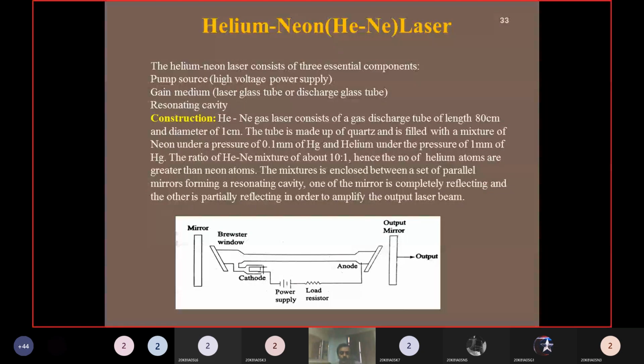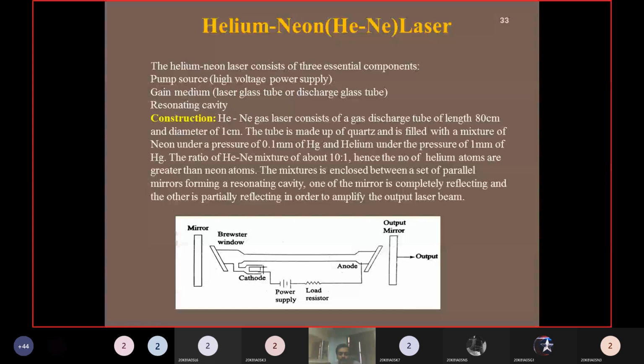If you take the tube, the pressure should be very low, just 0.1 mm of Hg for neon gas and 1 mm of Hg for helium gas. In the quartz tube we are taking a helium-neon mixture, and the ratio is very important: 10:1.